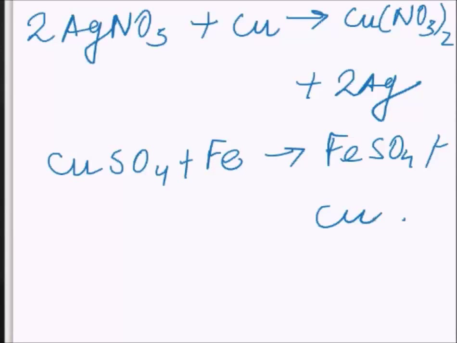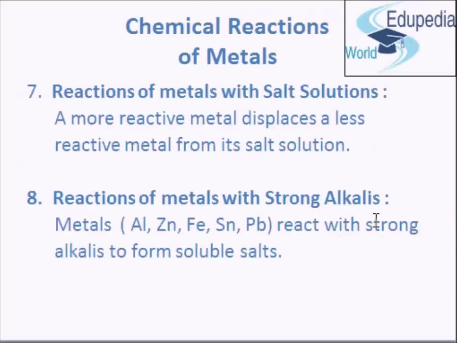Now, next we will discuss reaction of metals with strong alkalis. Metals such as aluminium, zinc, iron, tin, and lead react with strong alkalis, that is NaOH, KOH, to form soluble salts.